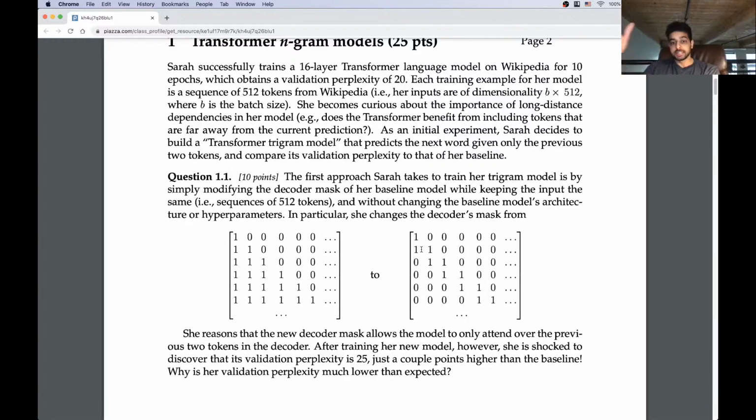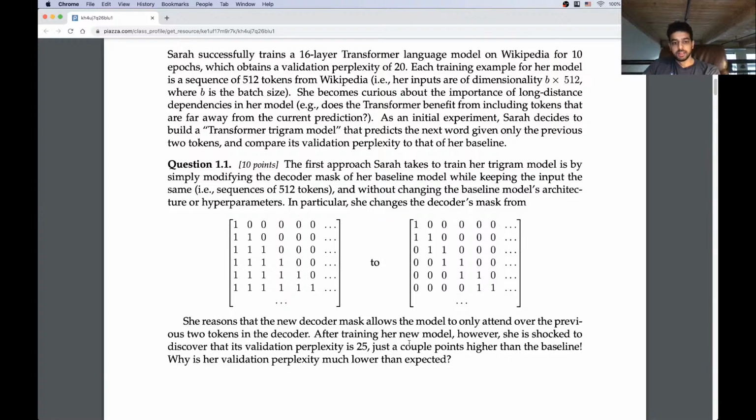So by 16 layers, you probably have looked at quite a few, if not all, of the tokens in your context, just because the mask is applied to the previous layer's representations, not just the original word embedding. So in effect, this is leaking information about the words that you've seen in the past beyond just the past two words. And this is why this model is not anywhere near as bad as Sarah expected here. That's because the model has access to many, many more context tokens, not just the last two.